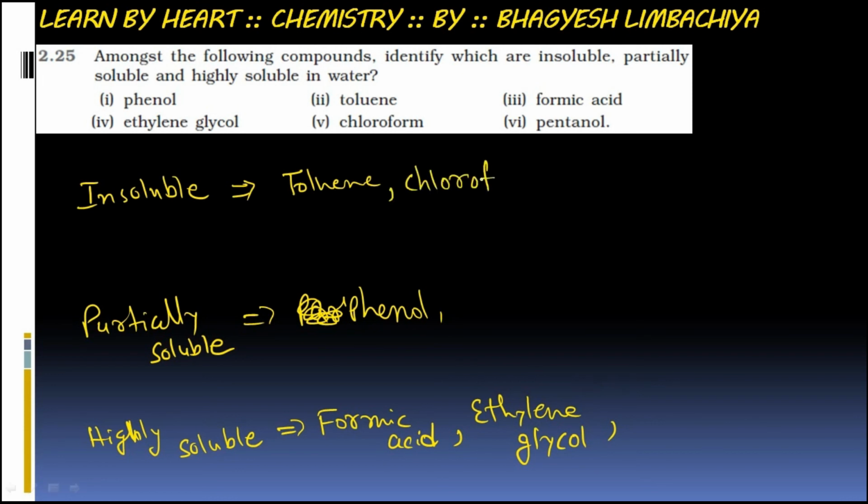Chloroform is insoluble because it is a non-polar substance. And then pentanol is partly soluble. So as we go from methanol to ethanol to propanol to butanol and pentanol, as the number of carbon atoms increases, solubility decreases. That's why pentanol is partially soluble.